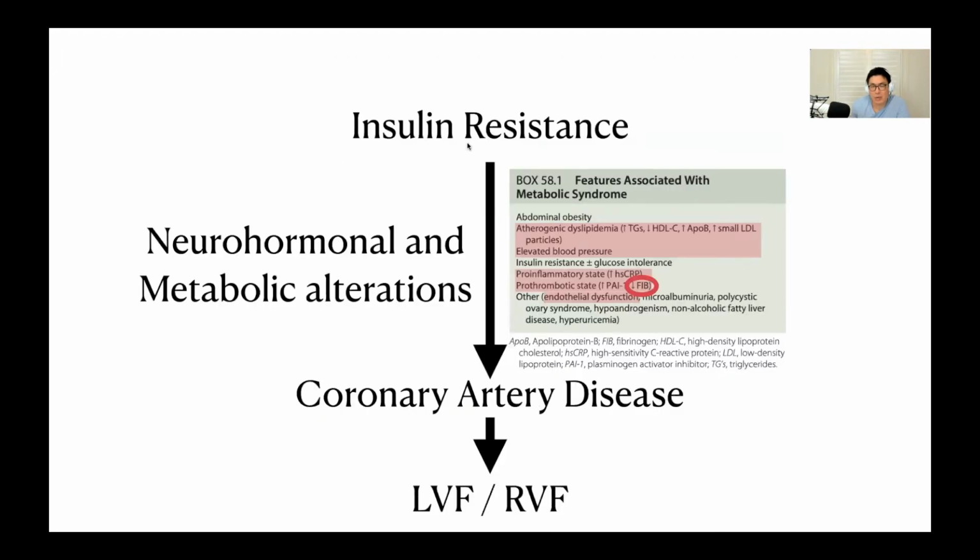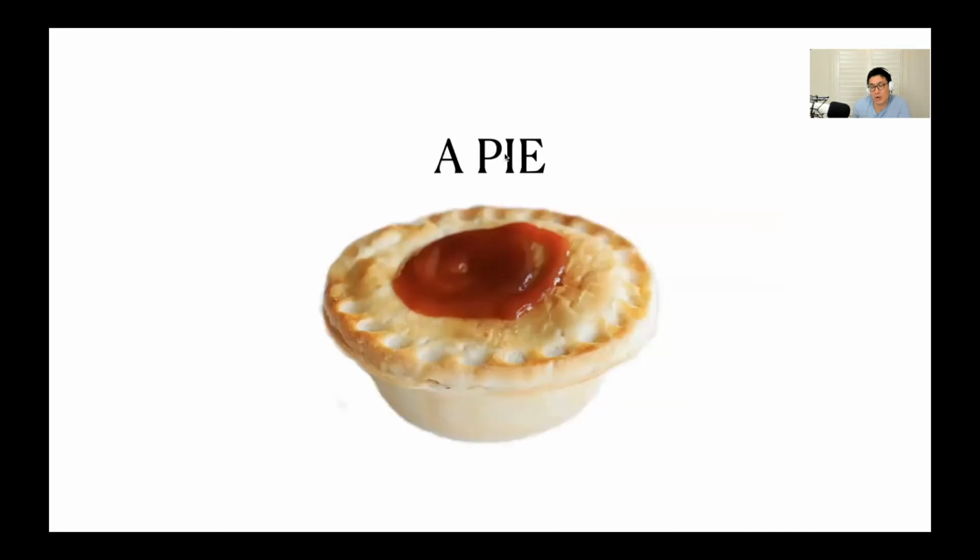Now, this is how I thought about this. Insulin resistance and its association with metabolic syndrome explains the neurohumoral and metabolic alterations. So from atherogenic dyslipidemia, hypertension, pro-inflammatory state, prothrombotic state, and endothelial dysfunction, it leads to coronary artery disease, left ventricular failure, and right ventricular failure. Now, you can put in blood pressure here, but I've got a little mnemonic which doesn't have that.